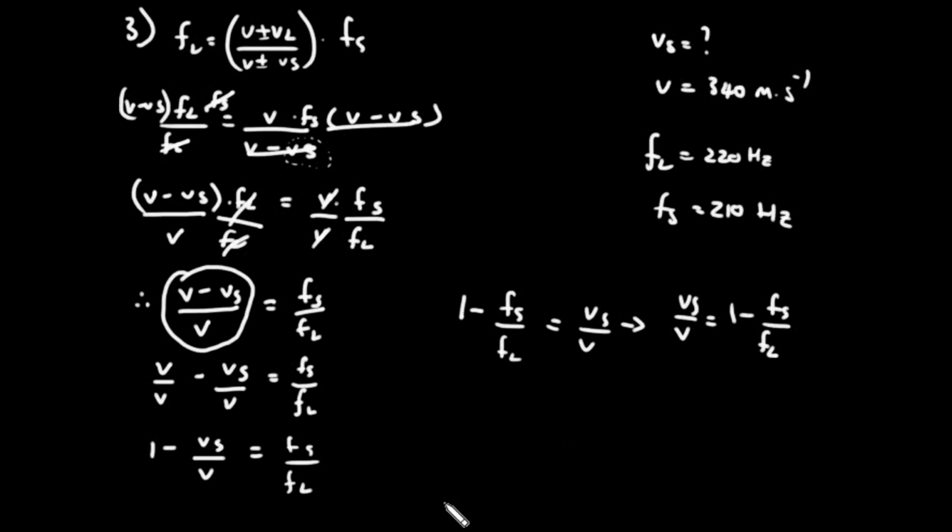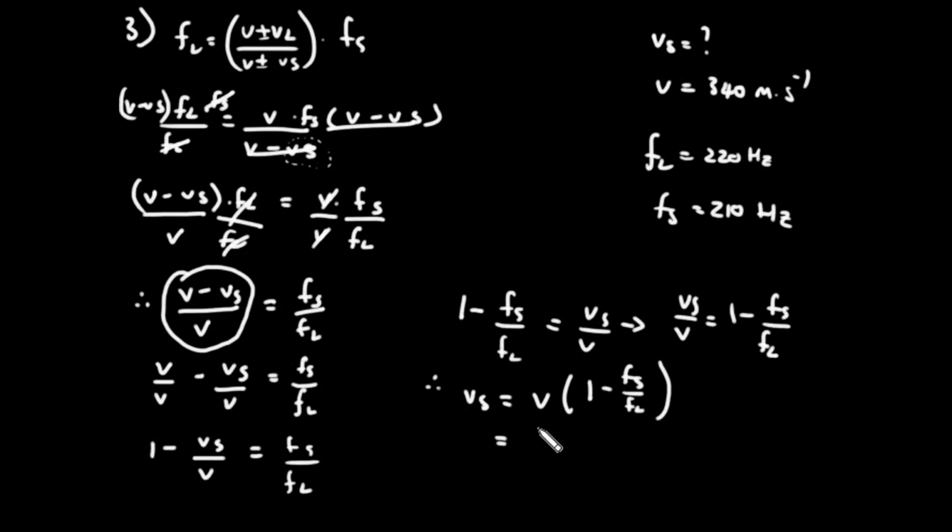Then we're going to get rid of the V. Therefore, Vs is going to equal V, brackets, 1 minus Fs over FL.